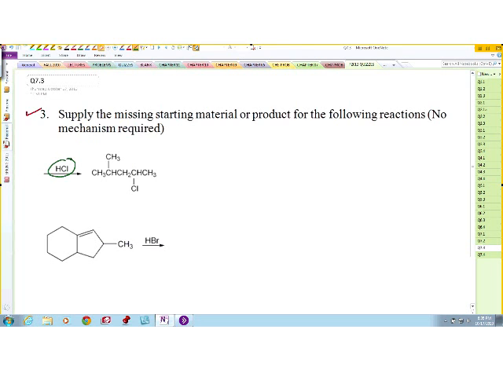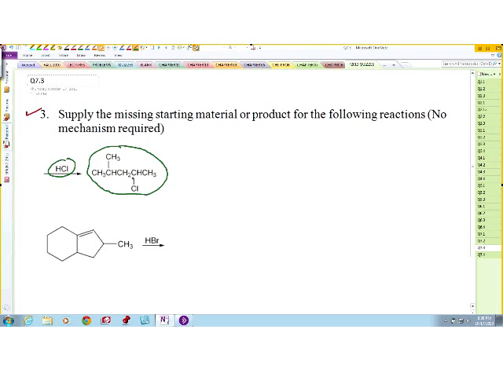We have hydrogen chloride, and then we have this product here. So what type of reaction do you think this is? What does hydrogen chloride do? It will add to a carbon-carbon double bond. One of the reactions of hydrogen chloride is to add to a carbon-carbon double bond.